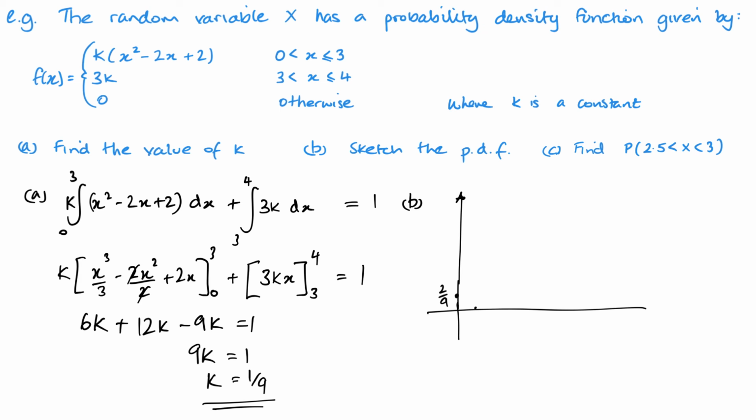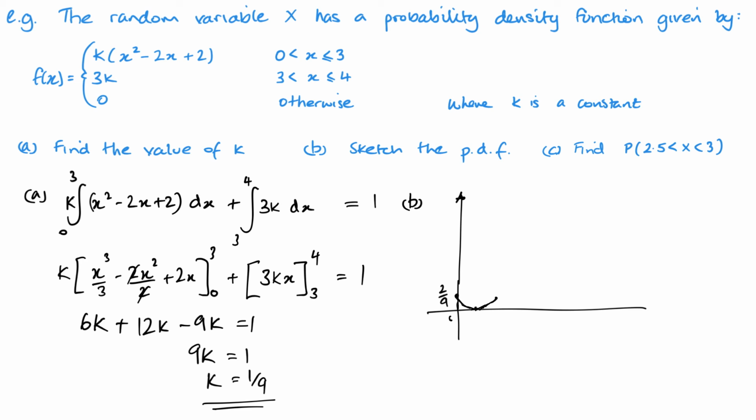If we think of moving across to 2, 2 squared is 4 minus 4, back up to 2, isn't it? So that's going to be 2/9 like that. That's the bottom of our quadratic there, isn't it? And then up to 3, we're going to get 9 minus 6, which is 3 plus 2 is 5. So 5/9.